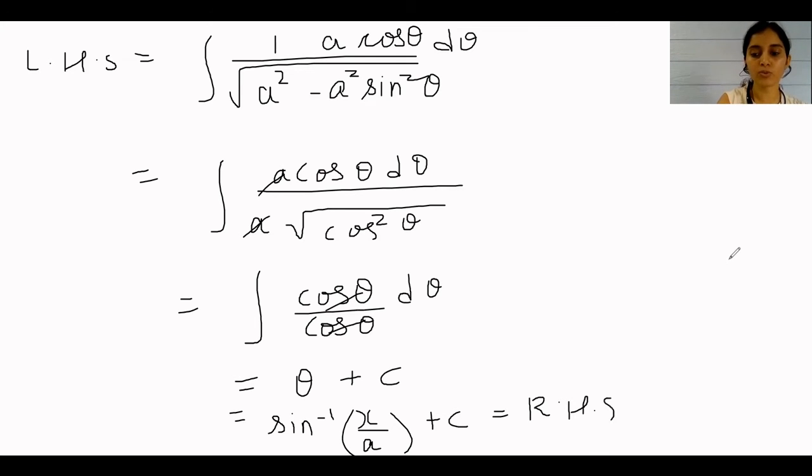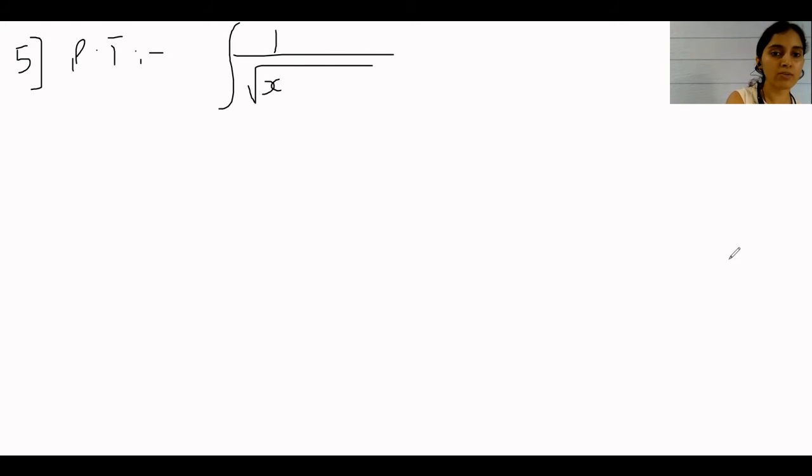Okay, this was the fourth one. Let's move to the fifth one now. In total there are 7. I'll do all of them for you so that you can refer to this video whenever you are in doubt about why an answer is so or how to prove it. So prove that, for the fifth one, integration of 1 upon root of x square minus a square. Now we were doing a square minus x square and I used sine theta.